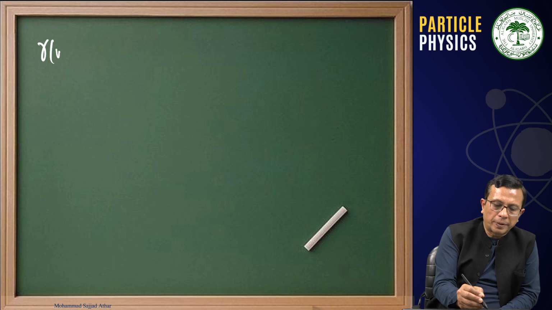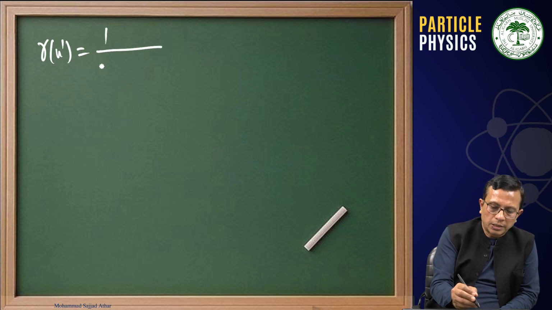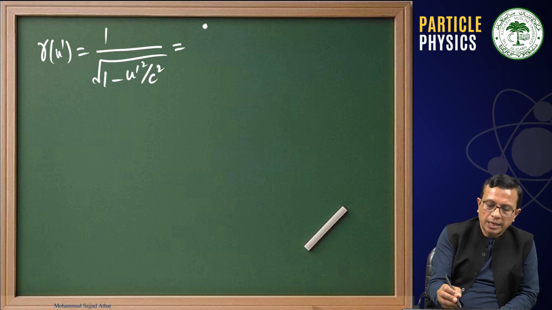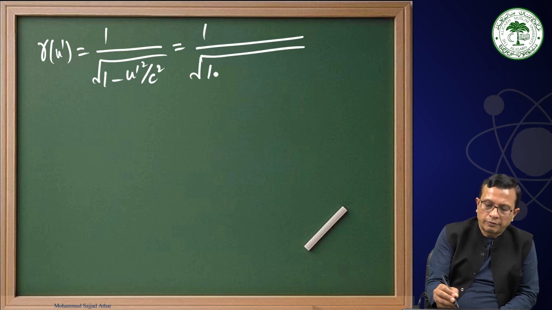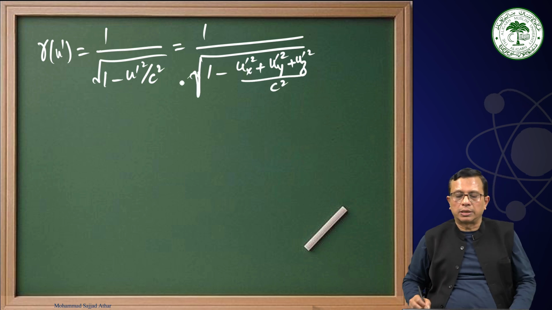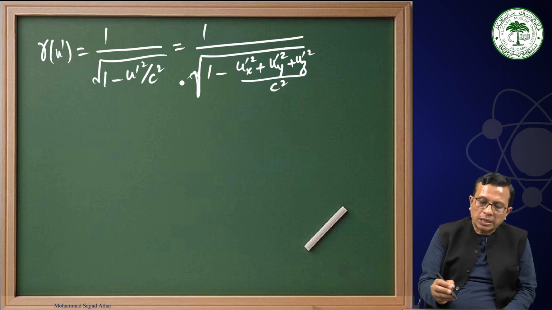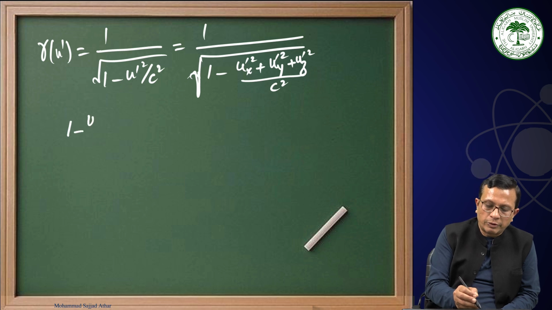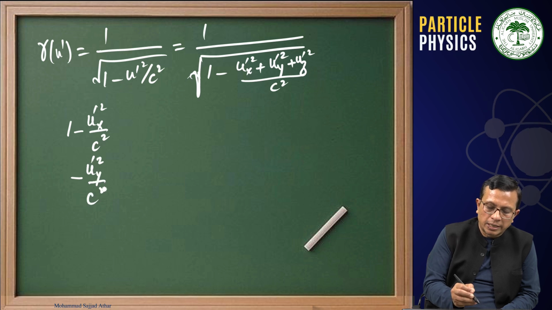Therefore, gamma u prime is 1 over 1 minus u prime square by c square, and that is equal to 1 over 1 minus ux prime square plus uy prime square plus uz prime square by c square. And that means what I am supposed to evaluate is 1 minus ux prime square by c square, minus uy prime square by c square, and minus uz prime square by c square.